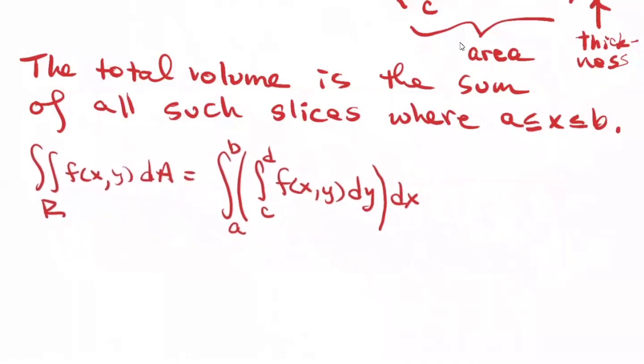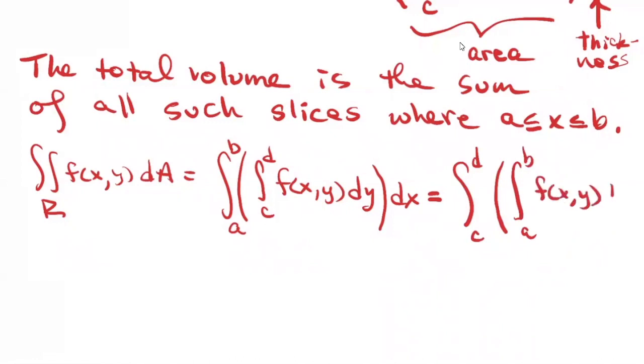And say this is the same thing as the integral from c to d of the parentheses integral from a to b of f of x, y, dx. And yeah, dx on the inside, and then dy later.